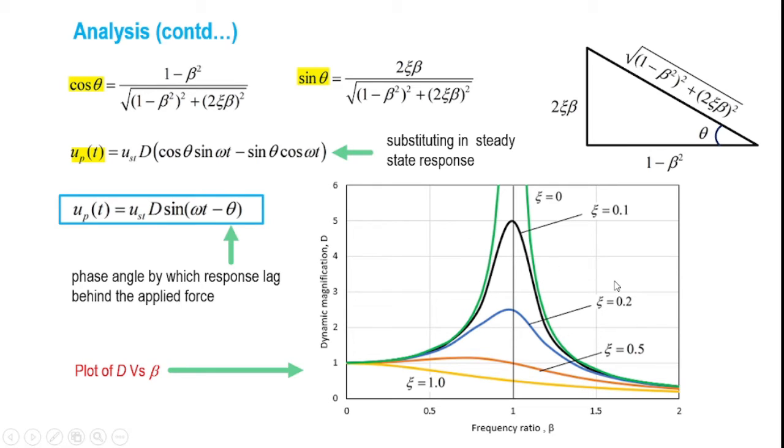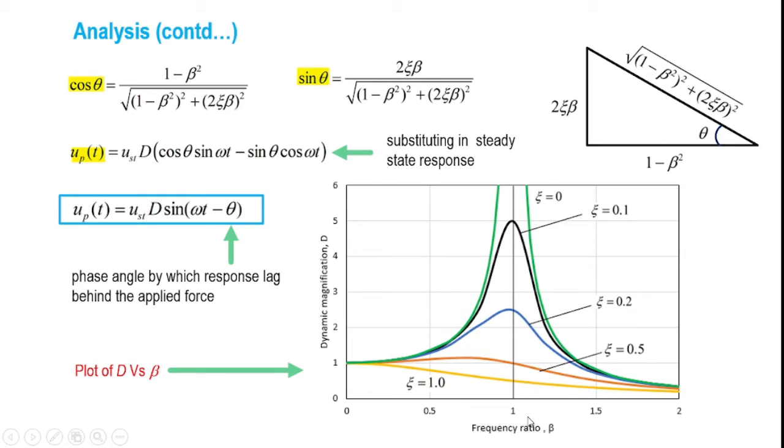It is nothing but P0 by K. Now, as you can see, irrespective of the values of the damping ratios considered, the peak value of the dynamic magnification factor, or in other words, the peak value of the amplitude, takes place around a frequency ratio equal to 1.